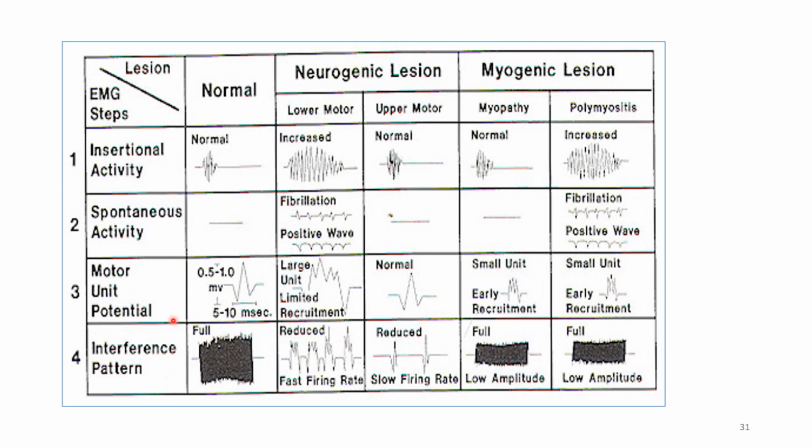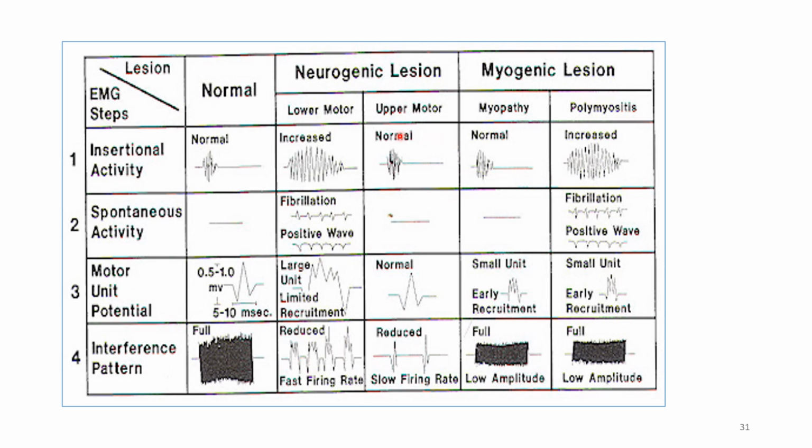The motor unit potential is a large unit and there is limited recruitment in a lower motor neuron lesion, normal in upper motor neuron lesion. So the lower motor neuron lesion is showing a large potential, that is large amplitude. Then the interference pattern is reduced. There is a fast firing rate.